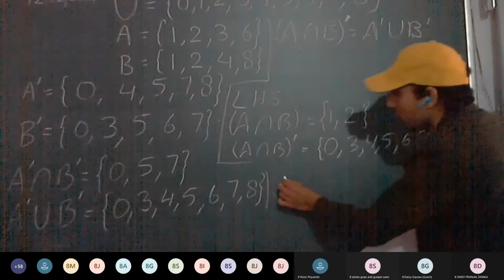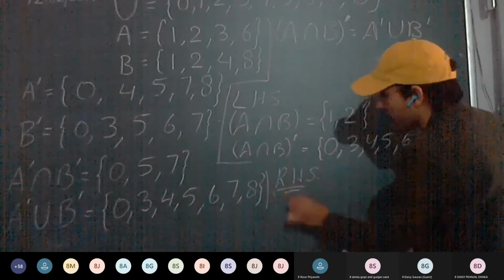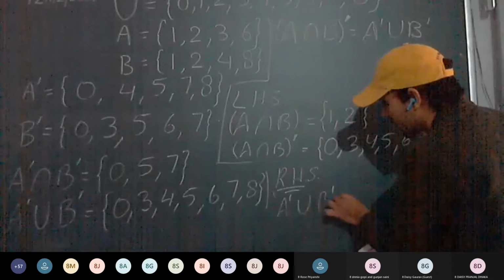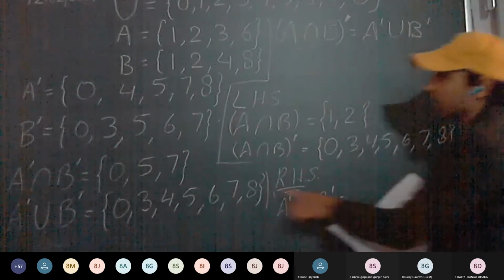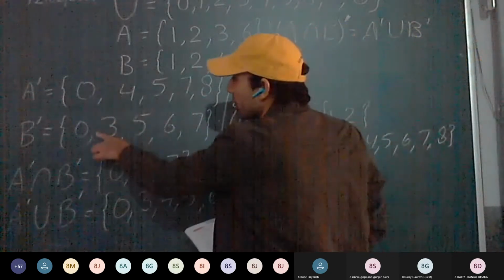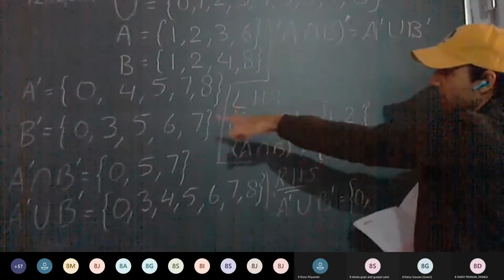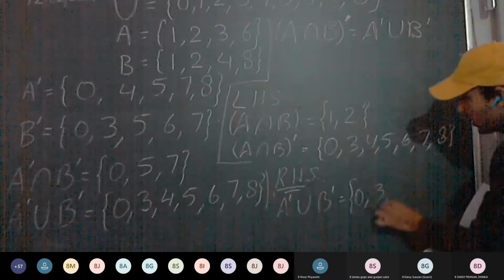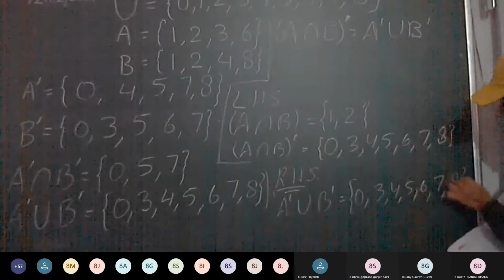Okay. Now the right hand side, that is A dash union B dash. A dash we already calculated, B dash we already calculated. Take their union. 0, 3, 4, 5, 6, 7, 8.